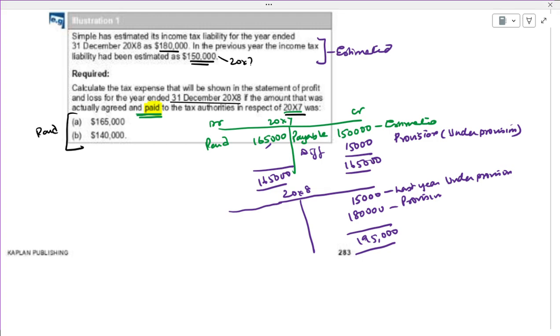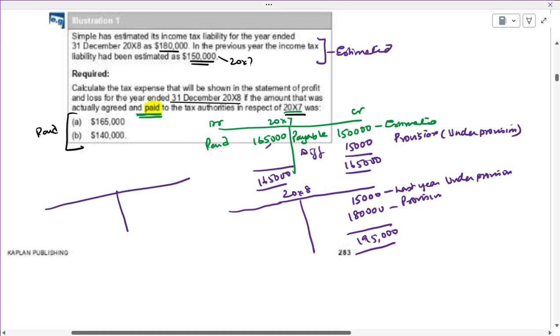Next, the second case. What is happening here? You have estimated 150.